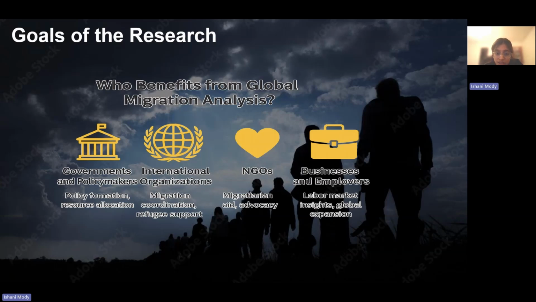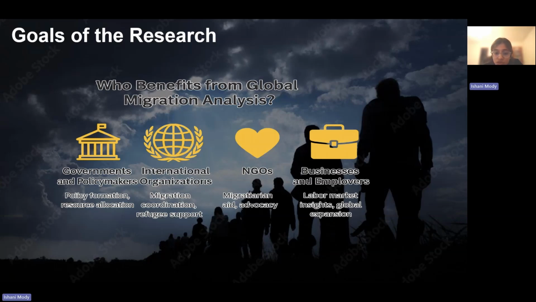They rely on migration analysis to get an idea about refugee crises, to replan settlements, and ensure that migrant rights are upheld. The third is NGOs. NGOs use migration analysis to know what support migrants would need, maybe medical assistance, food assistance, legal assistance, and they also advocate for migrants and their rights, and address issues like trafficking or discrimination, etc.